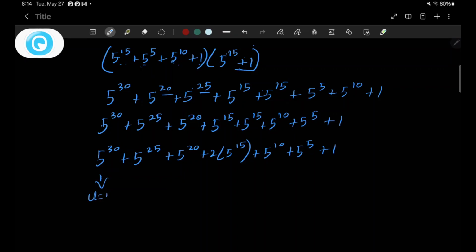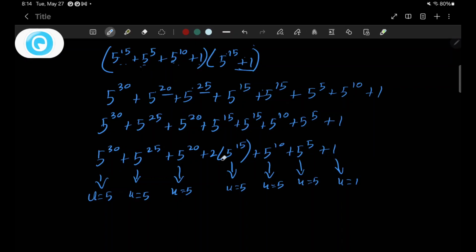Unit here will be 5, unit will be 5, unit will be 5, unit inside the bracket will be 5, unit will be 5, unit will be 5, while the unit here is 1.